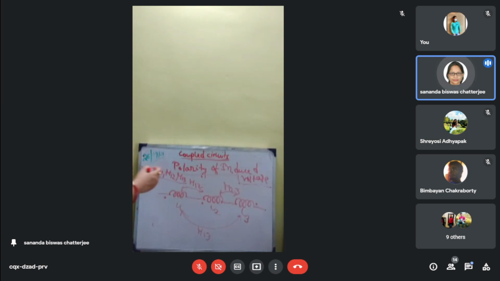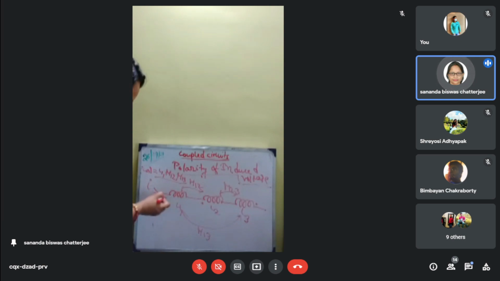Clear? Now what will be their sign? As we are sitting in L1, L1 is positive obviously. Now we need to give the signs of M12 and M13. What will be the sign of M12? M12 means between 1 and 2. So the dots are over here. That means here is the current entering.